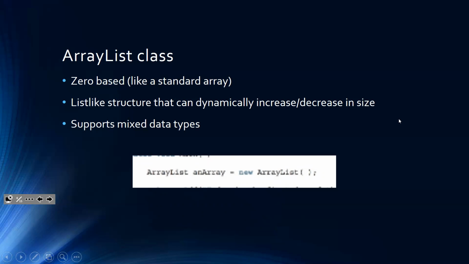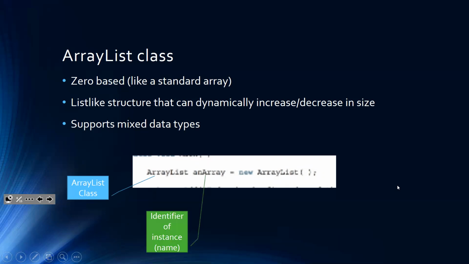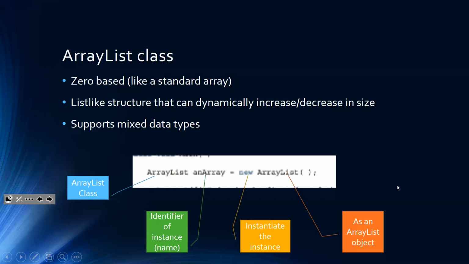Now, whenever we allocate an array list, we're going to start out by specifying it's the ArrayList class. Give our ArrayList an identifier or a name. Instantiate the new instance as an ArrayList object. Notice we have not specified a number, a size.